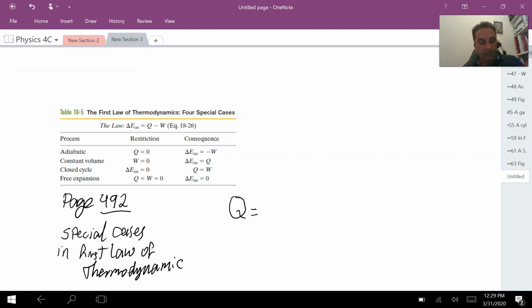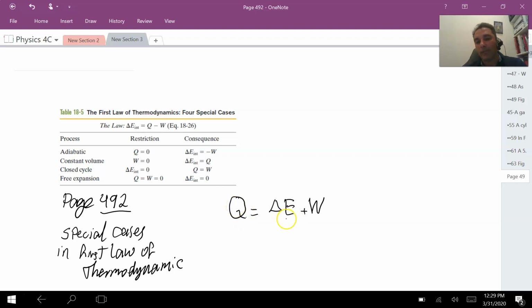The total Q is change in energy plus work done. So conceptually, this equation tells this: if we give heat to a system, this heat, which is Q, is doing two things.